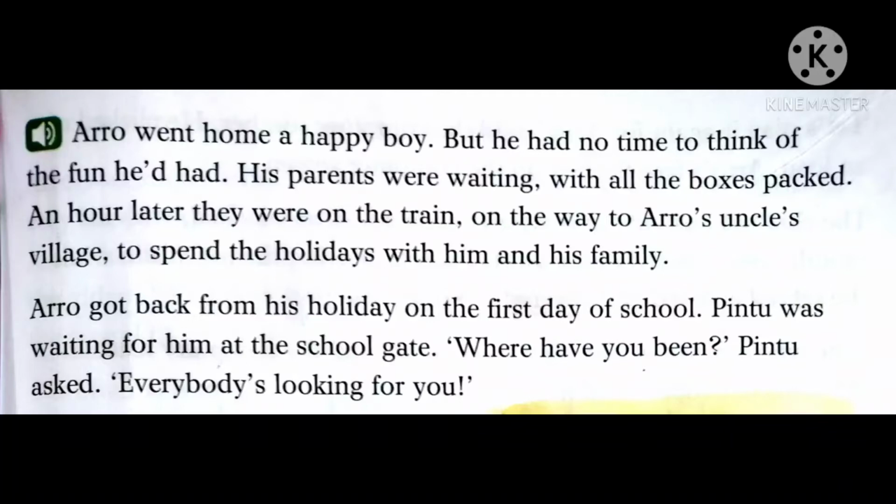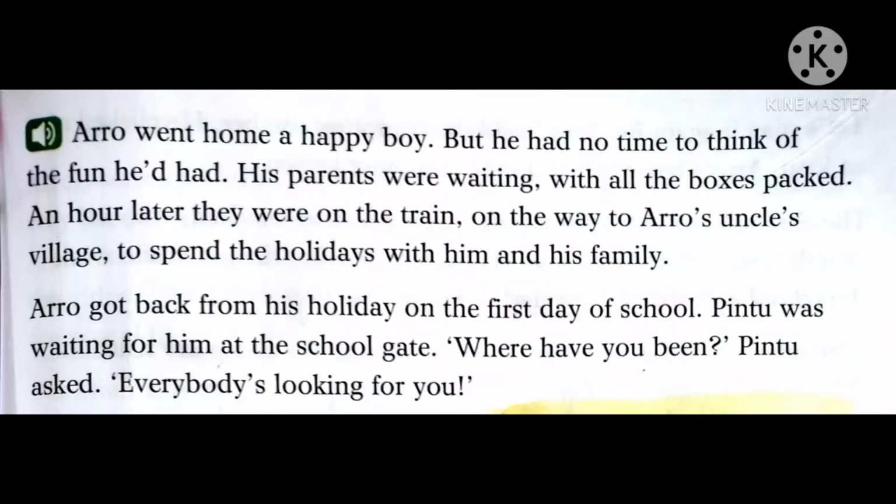So students, after giving such a happy and delightful performance at the musical concert in school, Arrow went back home very happily. But when he reached home, he had no time to think of all the fun he had that day in the school concert, because his parents were ready with all their luggage packed, waiting for Arrow to return from school so that they could go.